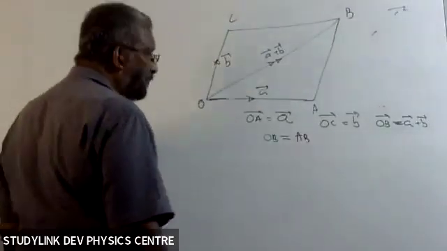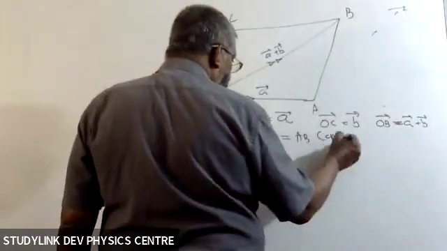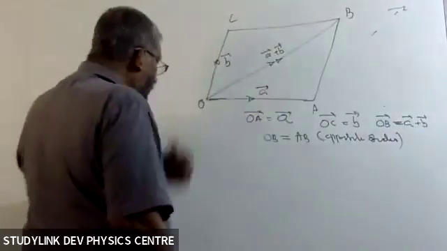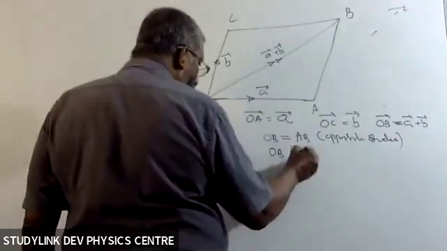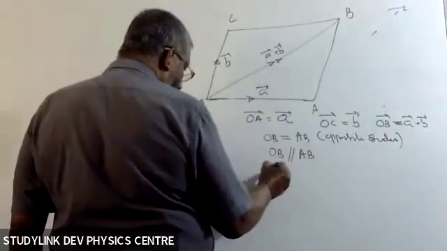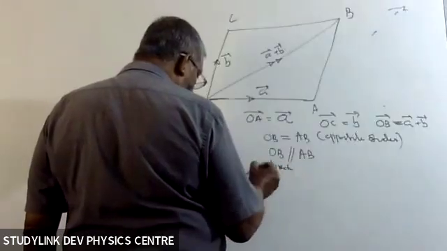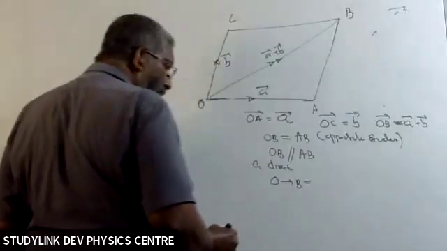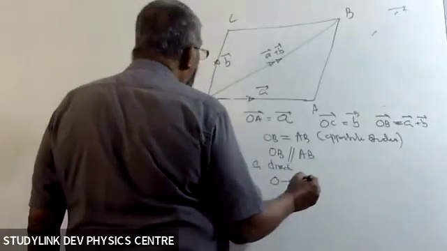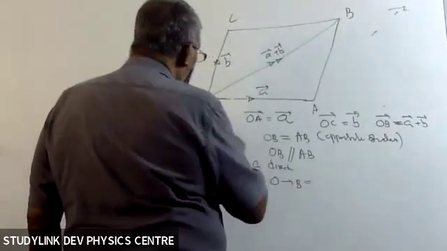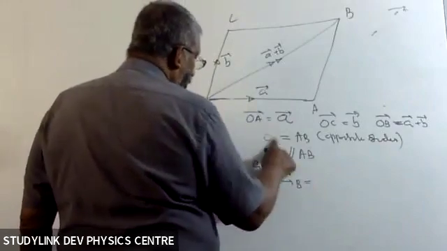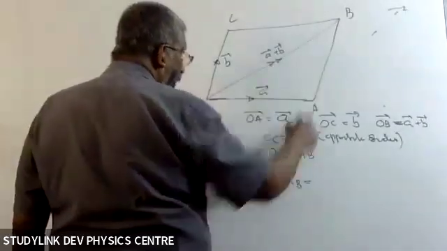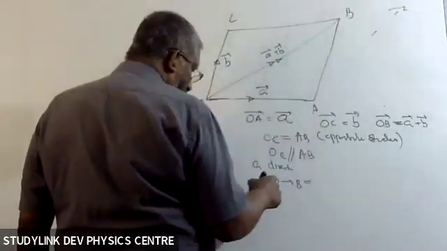Opposite sides are equal. Then OC is parallel to AB, with the same acting direction.